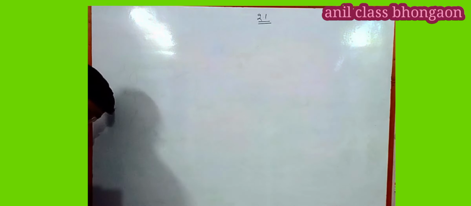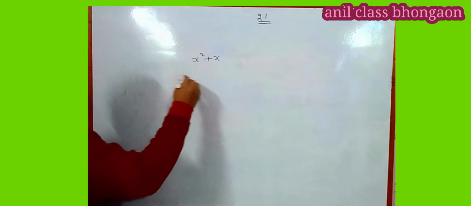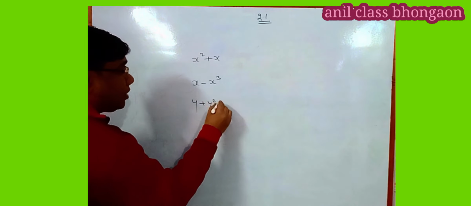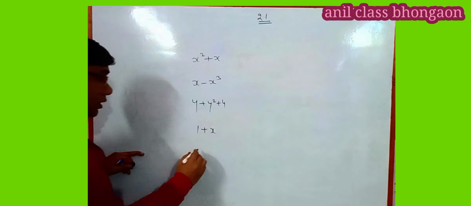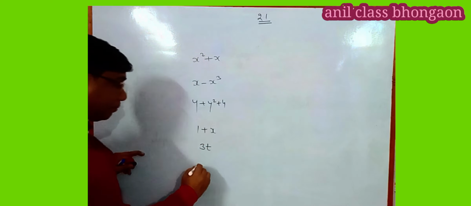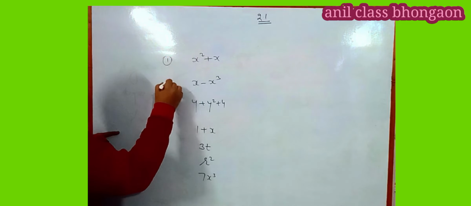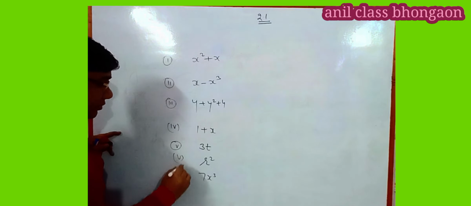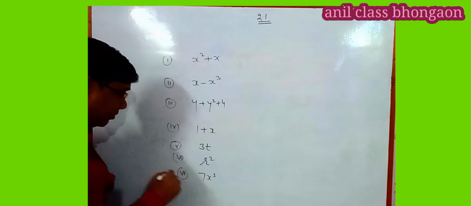Now you can write the questions: x square plus x minus x cube, y plus y square plus 4, 1 plus x, 3, r square and 7x cube. There are questions 1, 2, 3, 4, 5, 6 and 7.